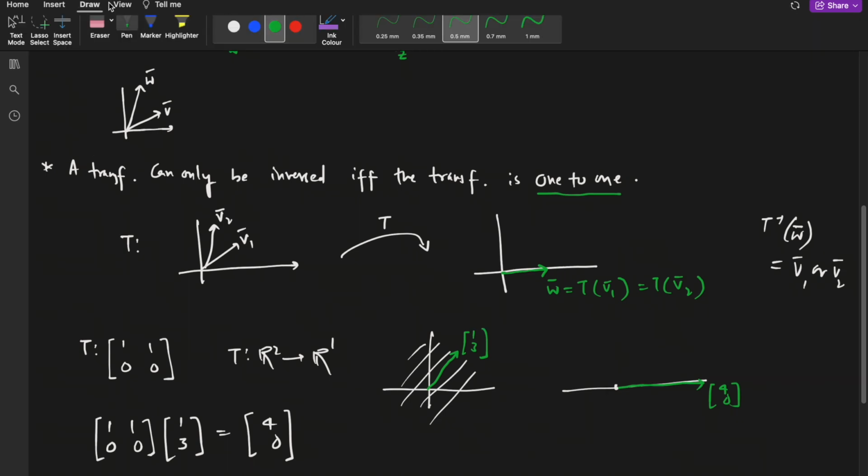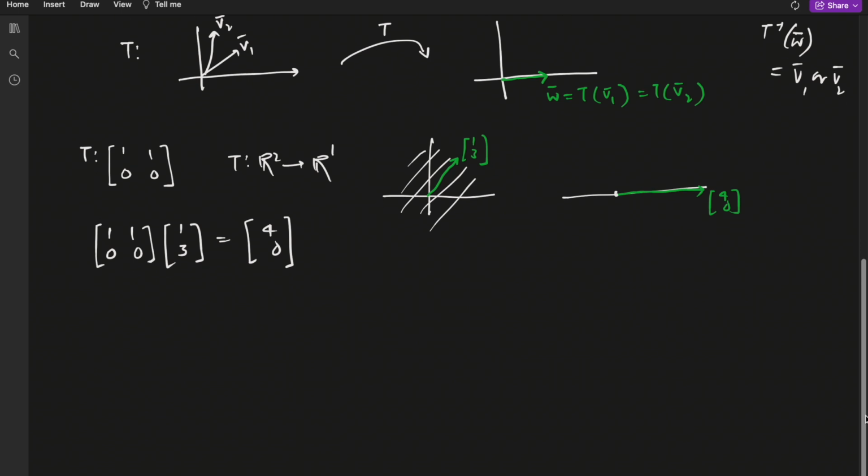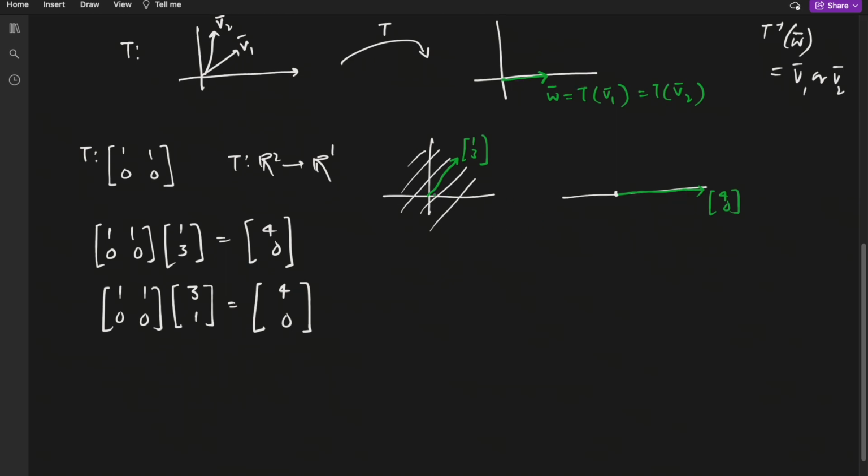Similarly, if we transform another vector with the same matrix, let us suppose 3 comma 1, its output is also 4 comma 0. So 3 comma 1 lies somewhere here, and after transformation it is also here, at 4 comma 0.